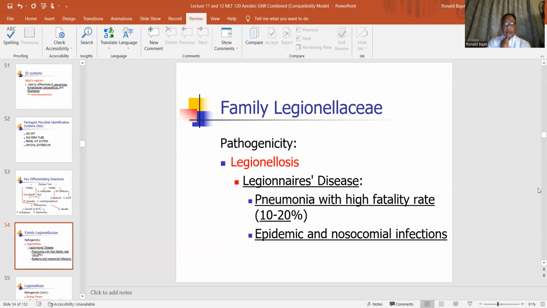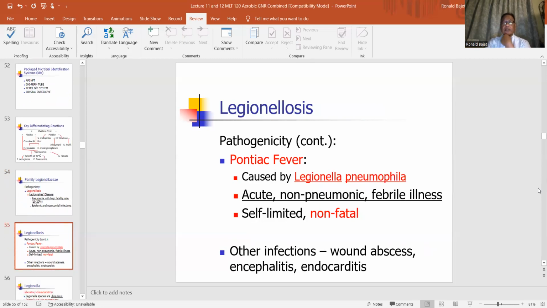Okay, Legionella causes Legionnaires' disease, pneumonia with a high fatality rate of 10 to 20%. Epidemic and nosocomial infections. Legionnaires' disease came about when there was an American Legion convention, on a cruise liner, and all of a sudden a whole bunch of members of the American Legion got sick and came down with pneumonia.